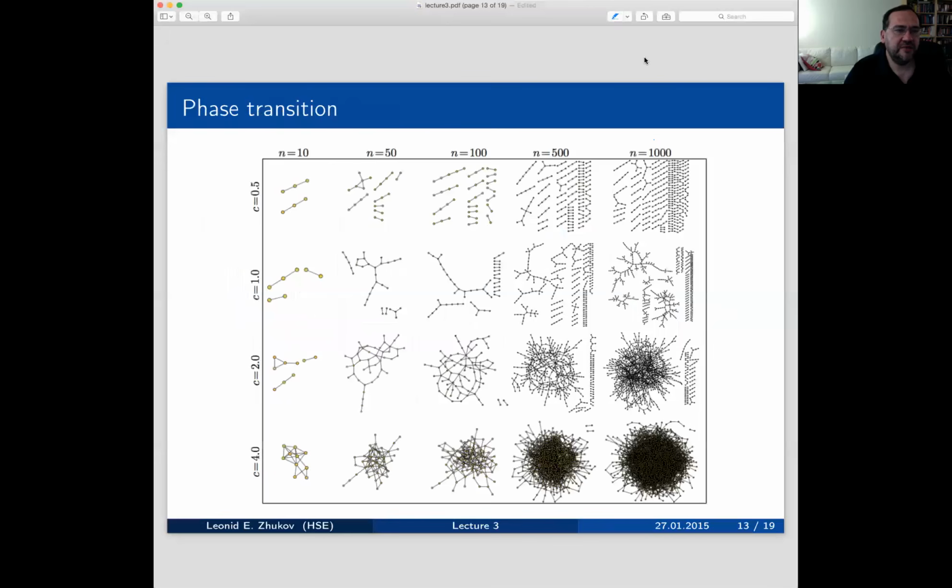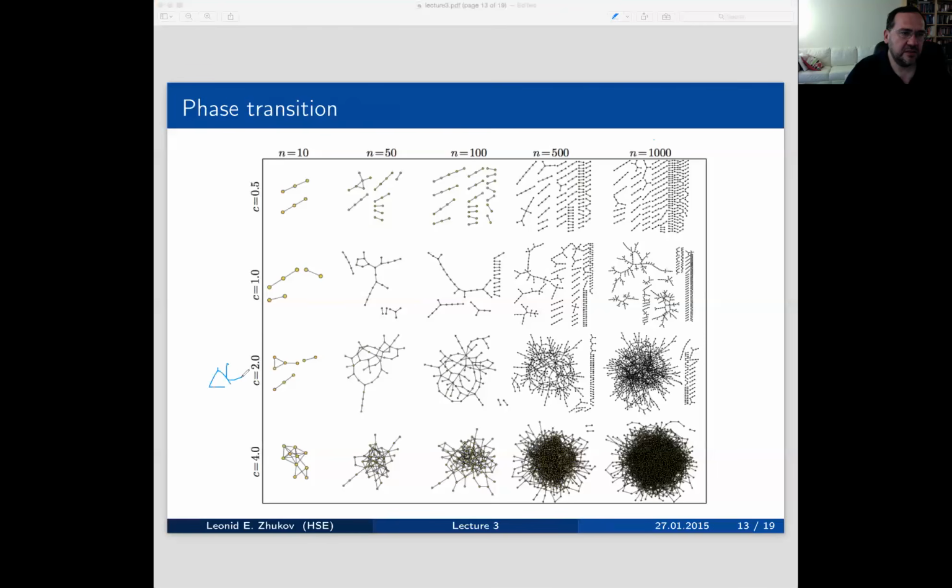And here is a really pretty picture generated by Aaron Clauset. I borrowed it from his slides. What's shown here is the following. On the vertical axis we have average node degree, average k.